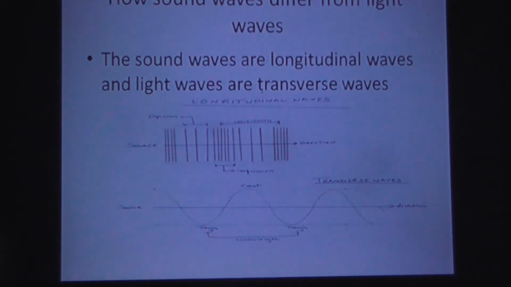And in the transverse waves we see the crest, the trough, and the distance between the two troughs is the wavelength, the source and the direction. So this is the difference between sound waves and light waves. That is, sound waves are longitudinal waves and light waves are transverse waves.